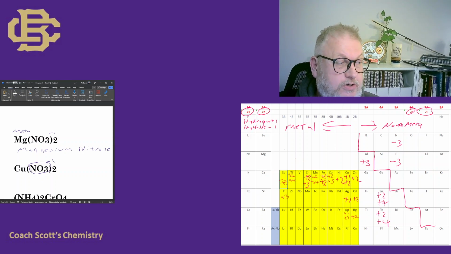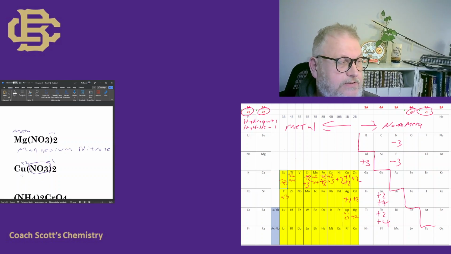So I've got 2 nitrates, not nitrogen and oxygen, nitrate. That means I've got a sum total of minus 2. I've got 1 copper there. What's the charge of that copper? Well, I've only got 1, that means I have to have a plus 2 charge.